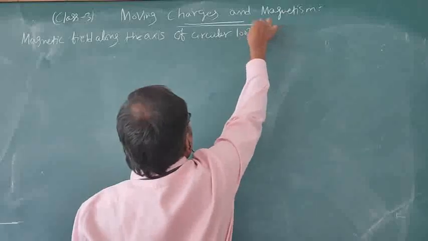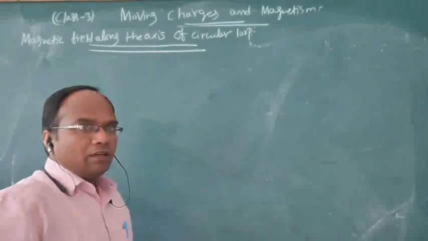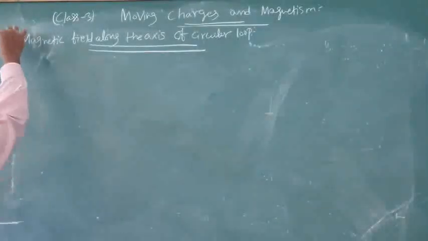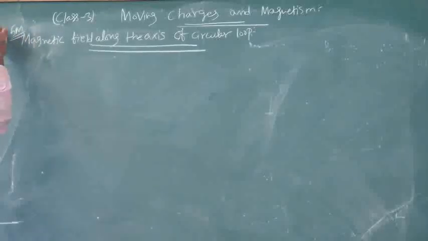Magnetic field along the axis of a circular loop. Okay, very important for 5 marks for the regular, but to keep a star mark, very important.